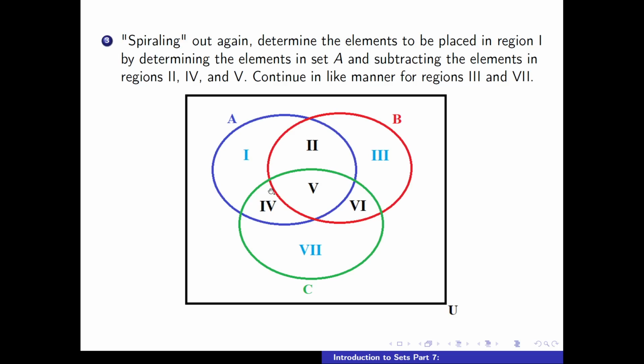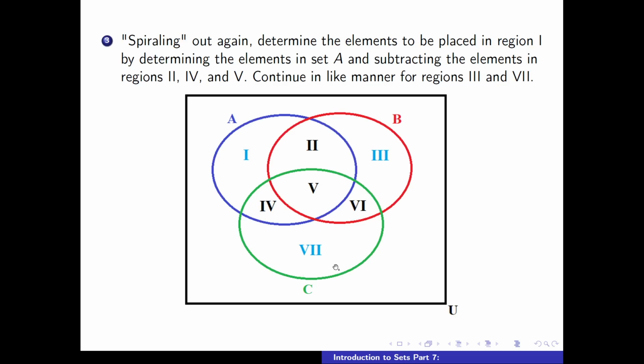Again, if we know the elements that are in A, then we can remove the elements we've already placed, and whatever's left over from set A goes into region 1. Similarly, for region 3, all the elements from B have already been placed, except for whatever's left over in the set B. Those remaining elements go in here.